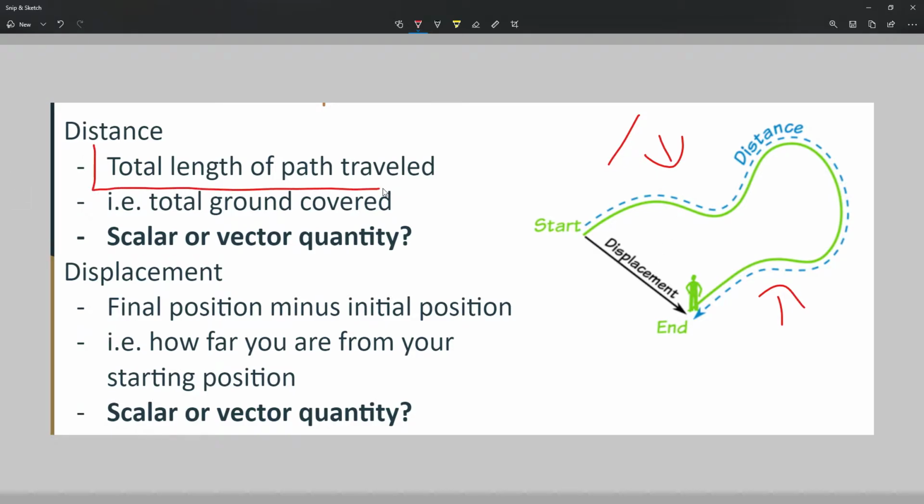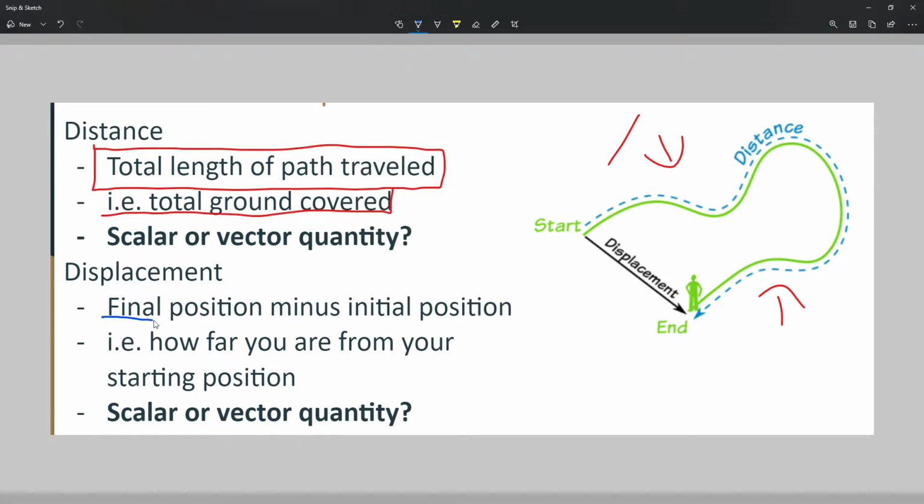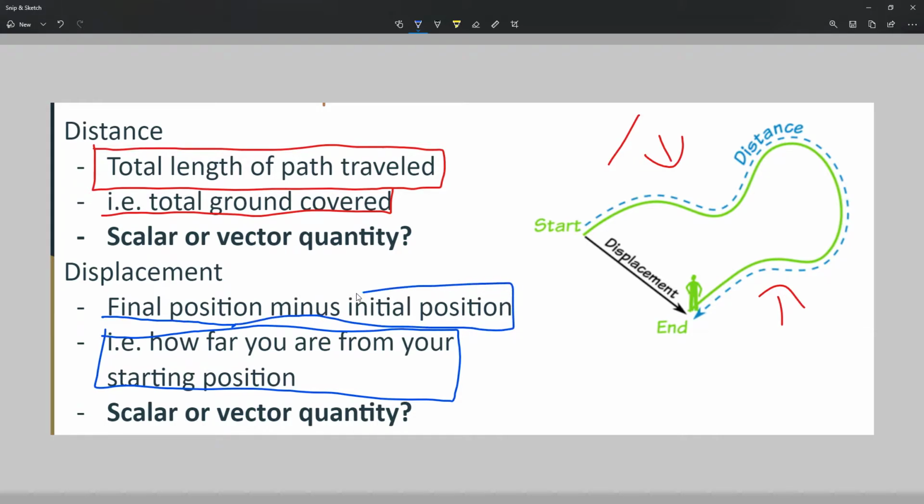Distance is the total length of your path traveled, which basically means your total ground covered. Displacement, on the other hand, is how far you are from your initial starting position. It is essentially your final position minus your initial position. Where you end and where you start.